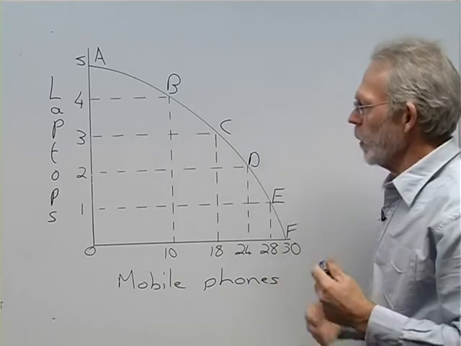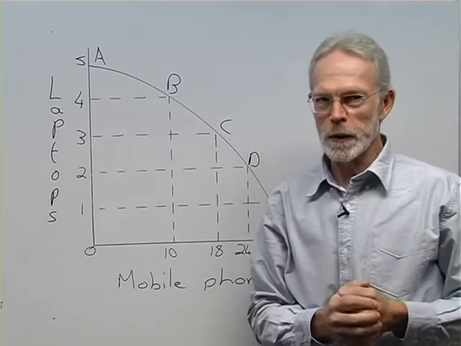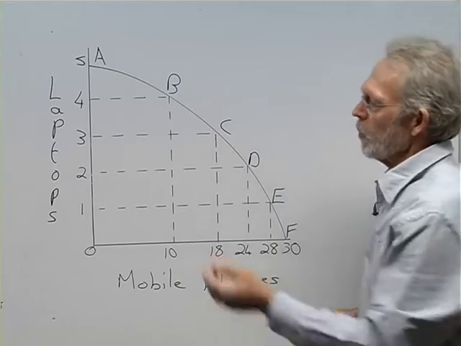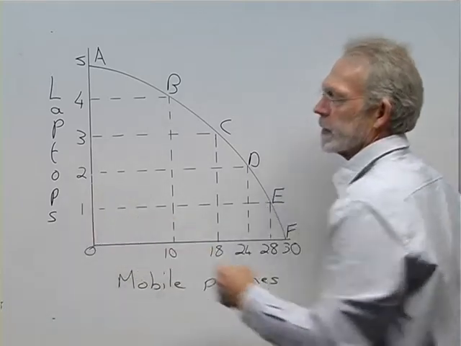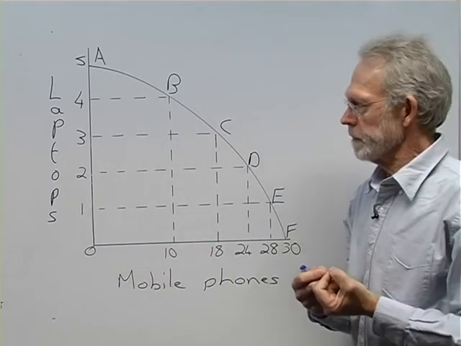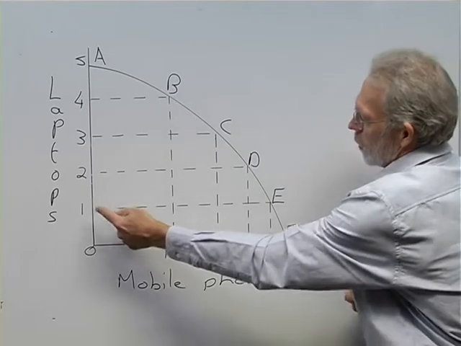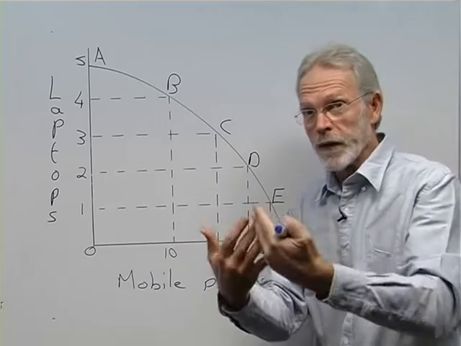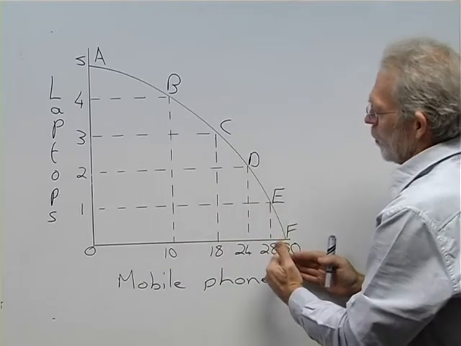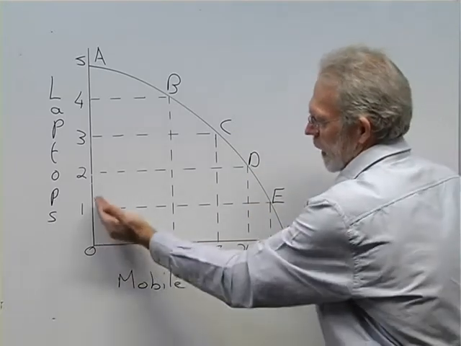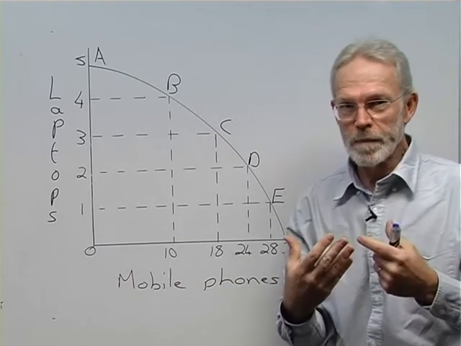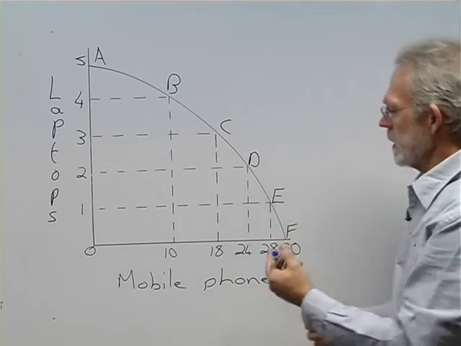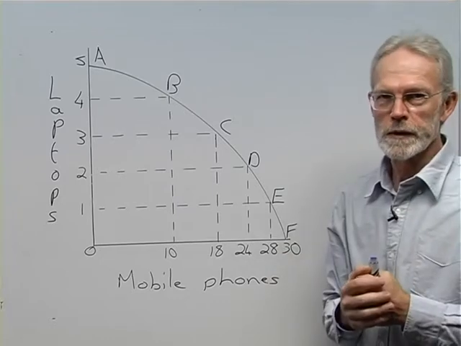Now, let's say we want to produce laptops as well. In other words, we want to produce at least 1,000 laptops. In other words, we want to go to point E. But in reallocating inputs from mobile phones to laptops, we have to give up a certain amount of mobile phones.